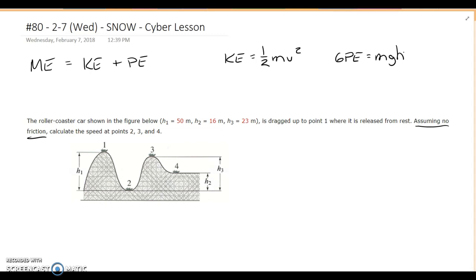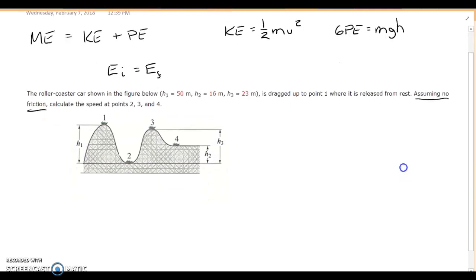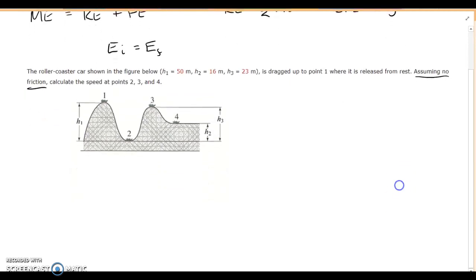And because energy is conserved in the case where we have no friction, the initial energy is equal to the final energy. So if we can figure out what energy we have at each point, that amount of total energy in joules will be constant throughout the problem, which is what we use to solve the problem.